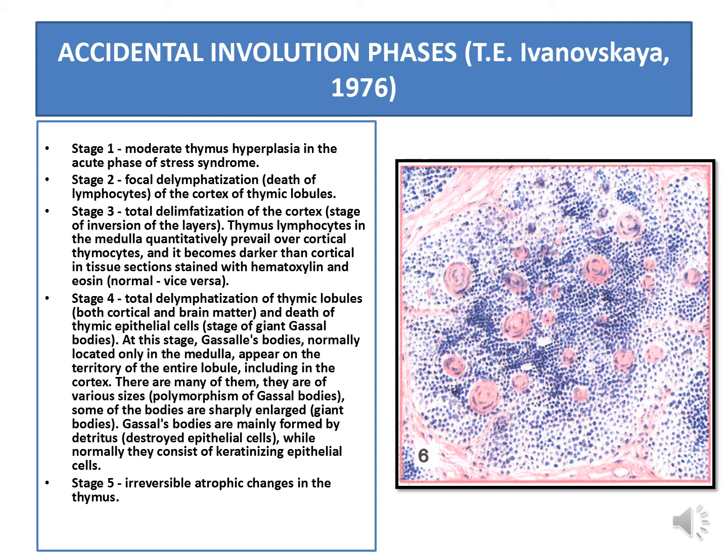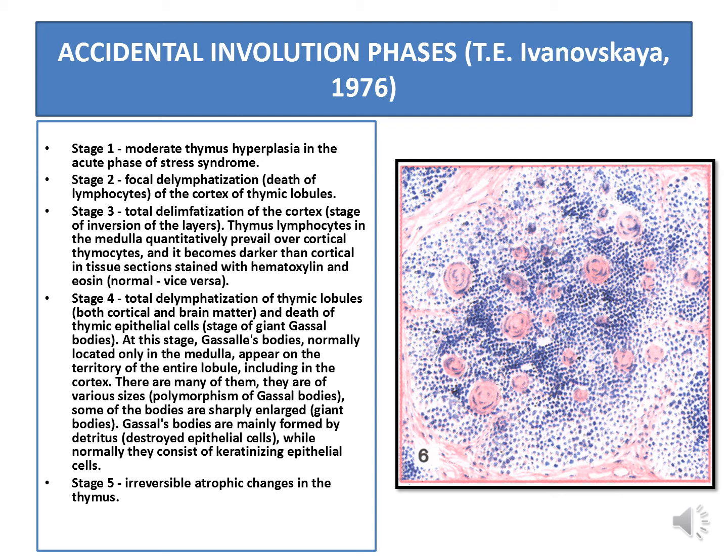In that case, we see more lymphocytes in the medulla than in the cortex, like here in the picture. We call it the stage of inversion of the layers. So more lymphocytes in the medulla, as I said before, than in the cortex.